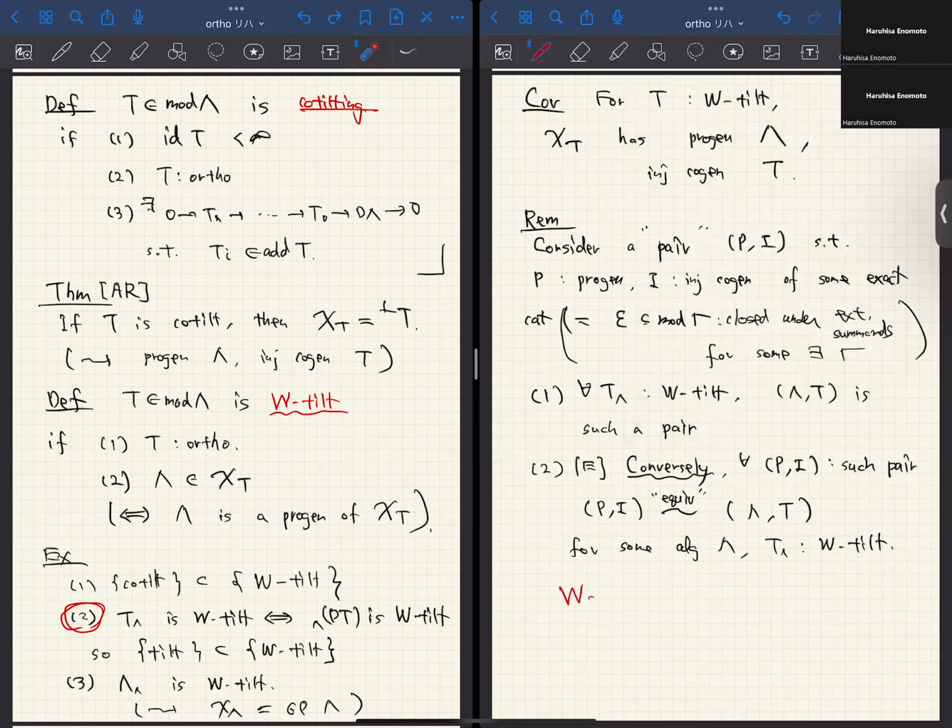So this is an interesting viewpoint, I think. Wakamatsu is a universal injective cogenerator.